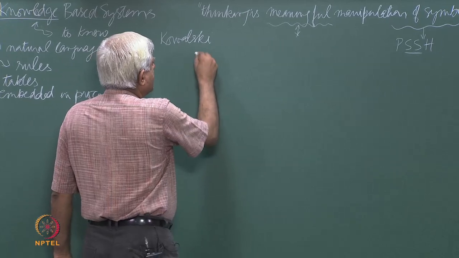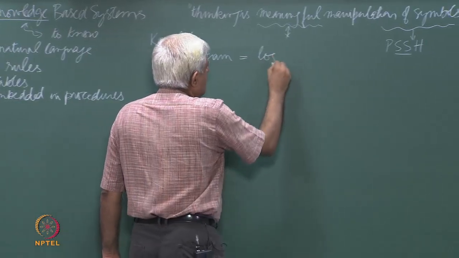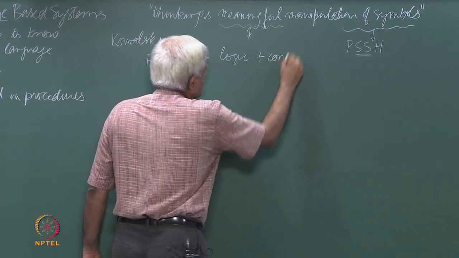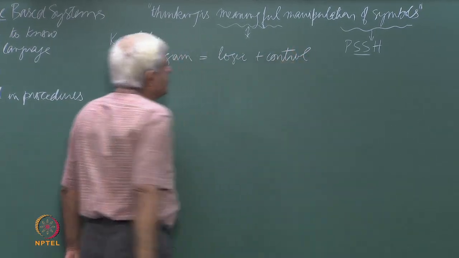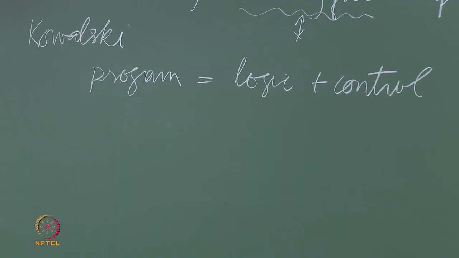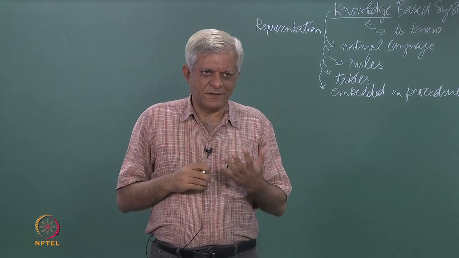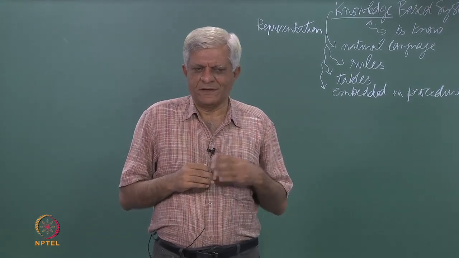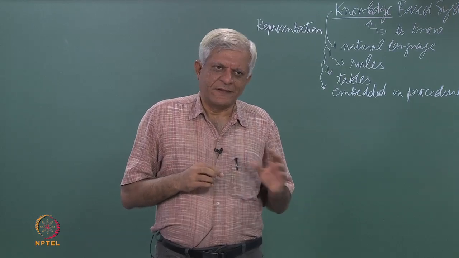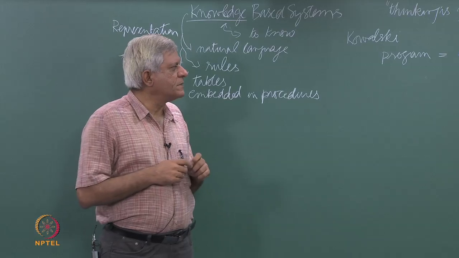He said that a program is equal to logic plus control. That a program, a computer program, has two components. One is what you might call business logic, or the domain logic, or the problem solving strategy, and the other is control, essentially what statements to execute in a program.